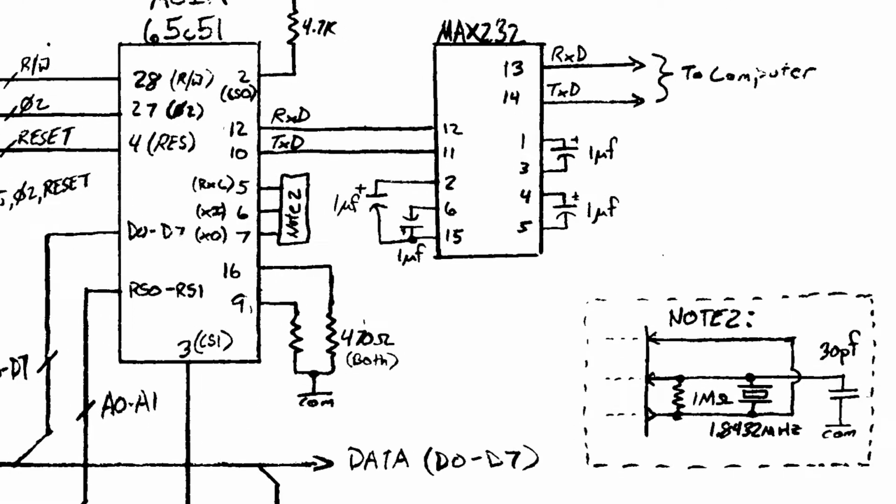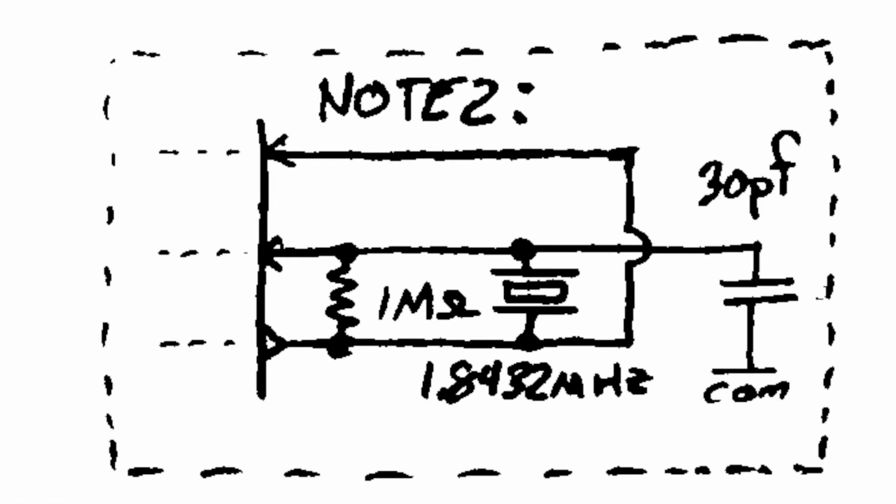On the ACIA, I have connected the normal resonant circuit that's used. So between pins 6 and 7, there's a 1 megohm resistor and a 1.8432 megahertz crystal with a 33 picofarad capacitor on those pins. But using that setup, you can only achieve a baud rate of 19,200 baud.